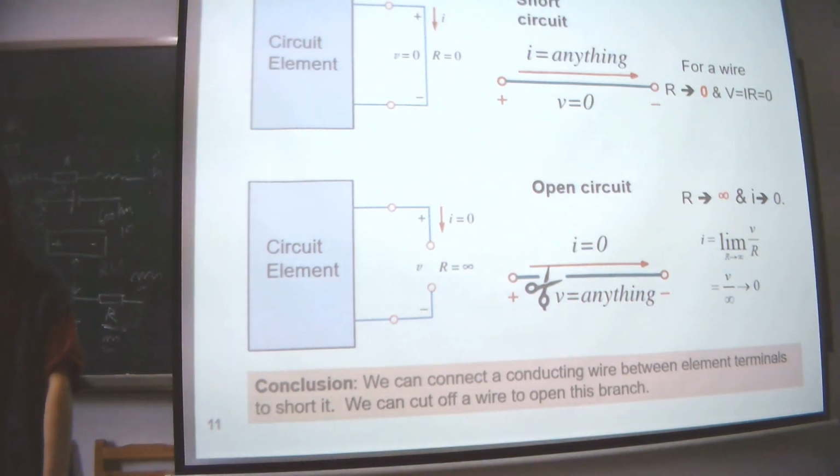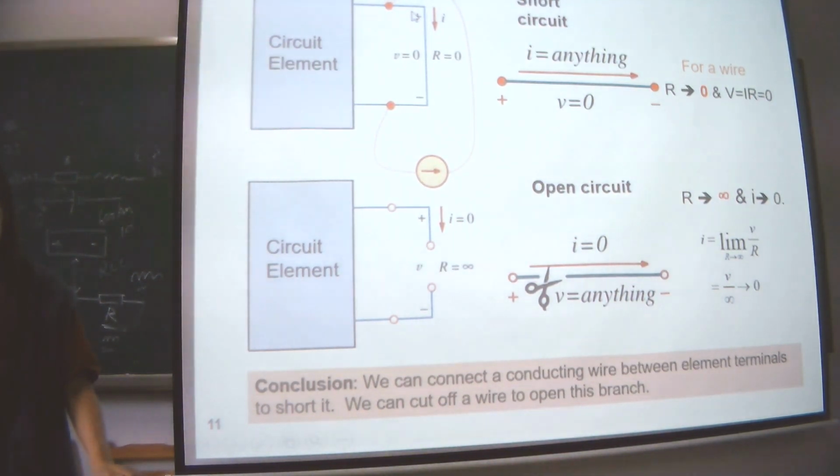This one is the derivation of the short circuit and open circuit. Let me show you quickly. For this circuit, we put a current source here, and we can see these 2 points are short connected, right? So we know the current will go through here and split here.